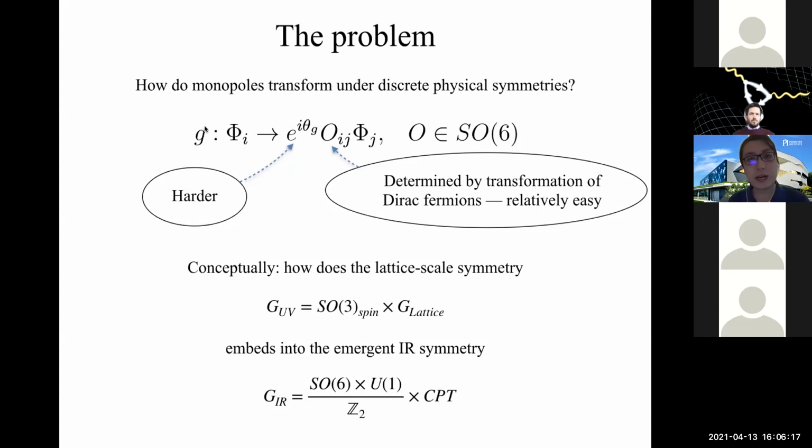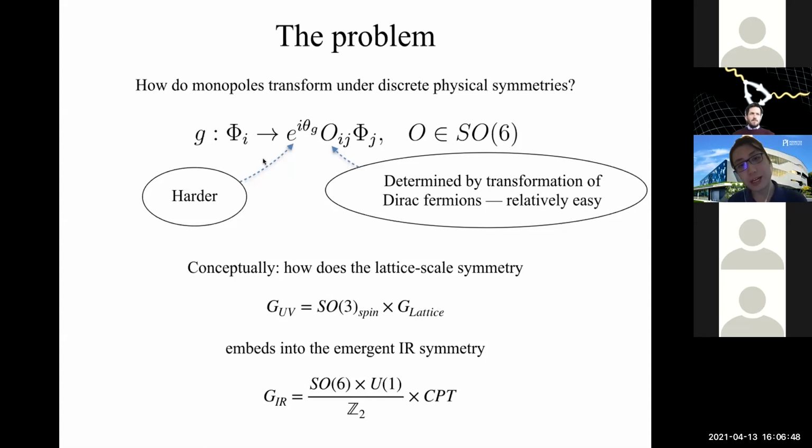So in general, if I have a symmetry element G, let's say spin rotation, lattice translation, or rotation, or something, when acting on this monopole operator, it can act in this way. So this O_IJ is an SO(6) rotation matrix. And then there's an additional phase factor, because the monopole operator is complex. You can create a 2π flux. You can also just create a minus 2π flux. Okay. So there's a U1 rotation that's allowed.